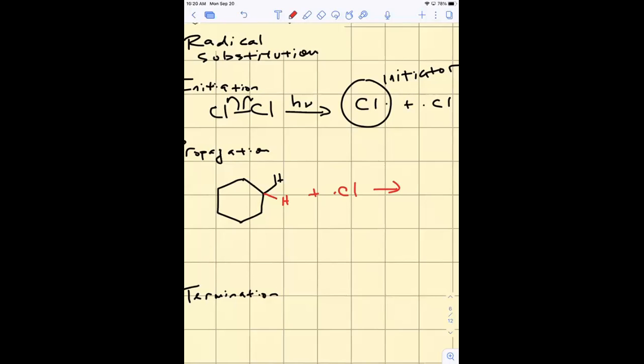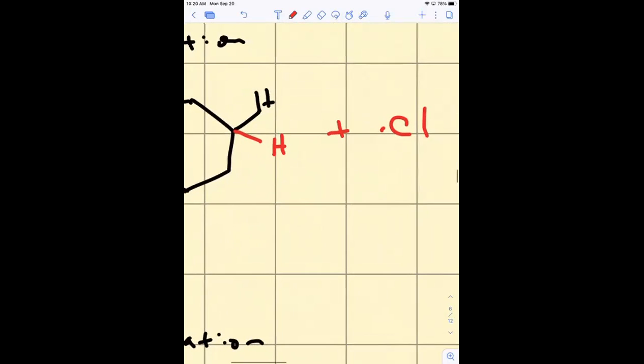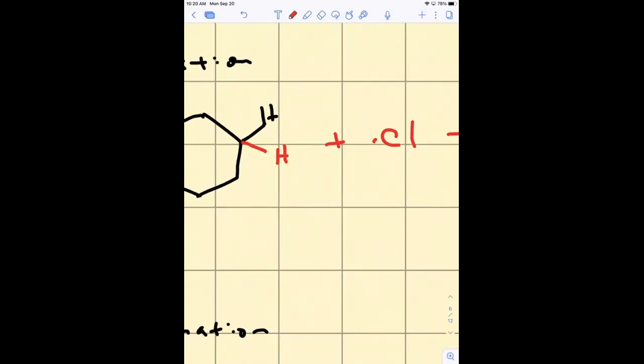Yes. So this is called abstraction. We're removing H dot, not H plus. That's called proton transfer or deprotonation. But for abstraction, we're taking off a hydrogen radical.